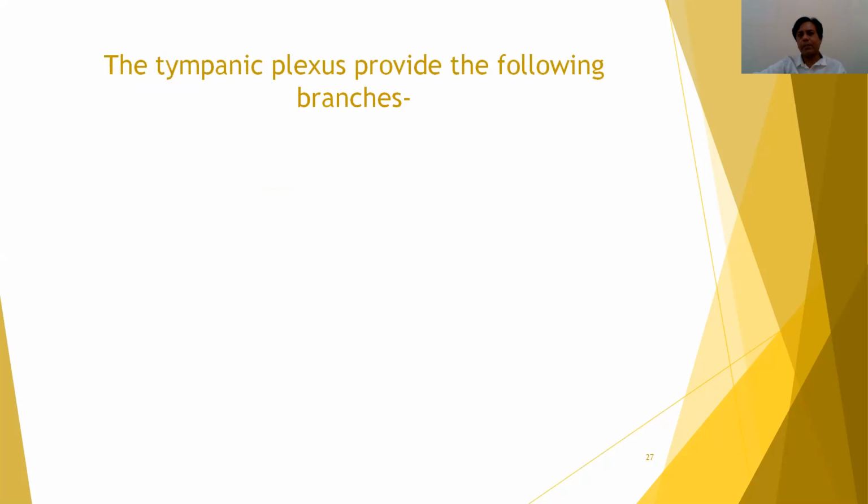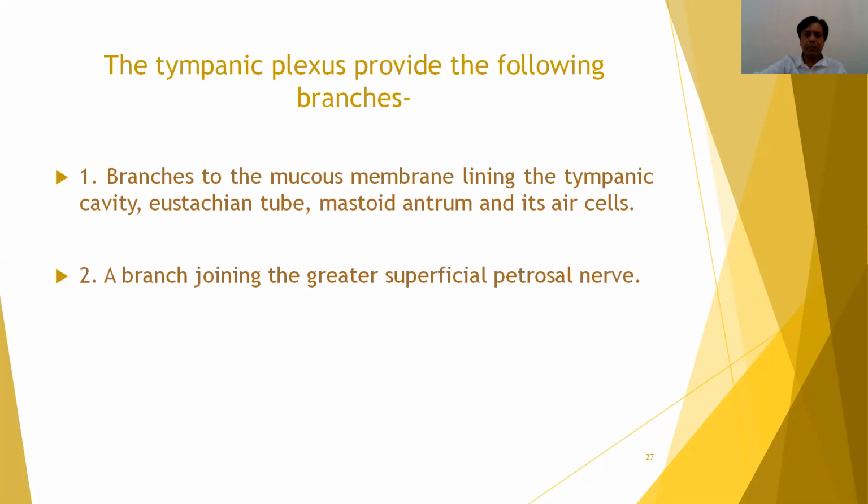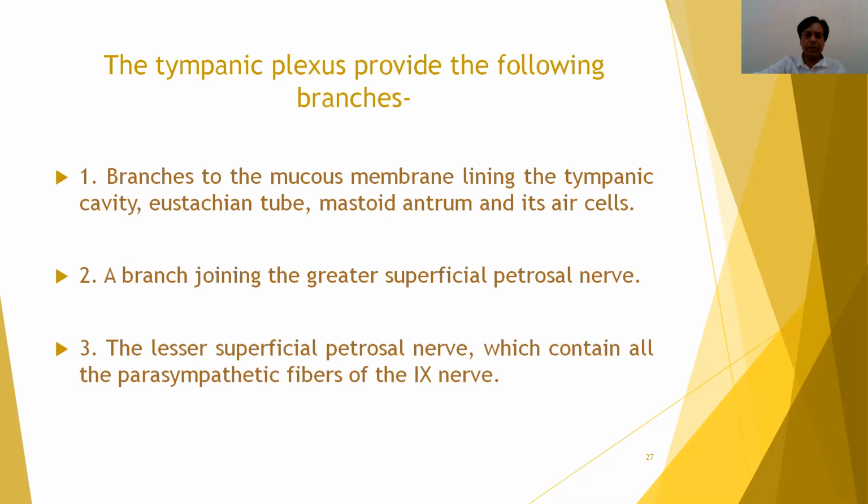The tympanic plexus provides the following branches. Branches to the mucous membrane lining the tympanic cavity, Eustachian tube, mastoid antrum, and air cells. Second, a branch joining the greater superficial petrosal nerve. Third, the lesser superficial petrosal nerve, which contains all the parasympathetic fibers of the ninth nerve.